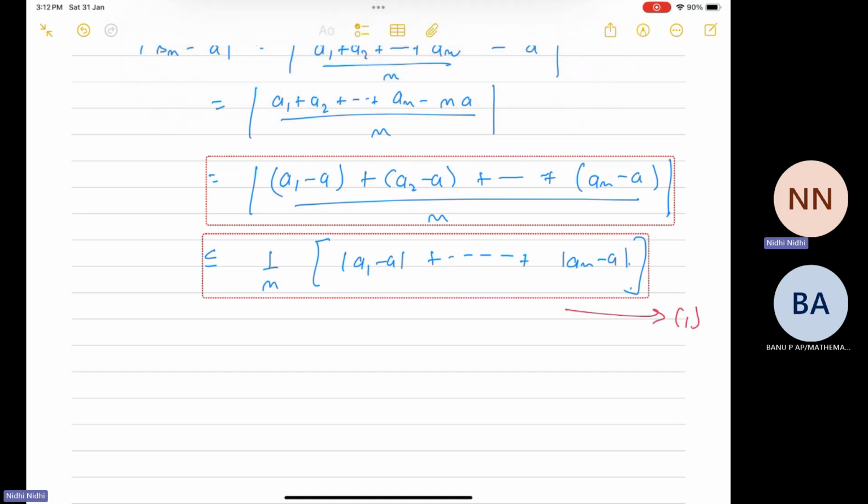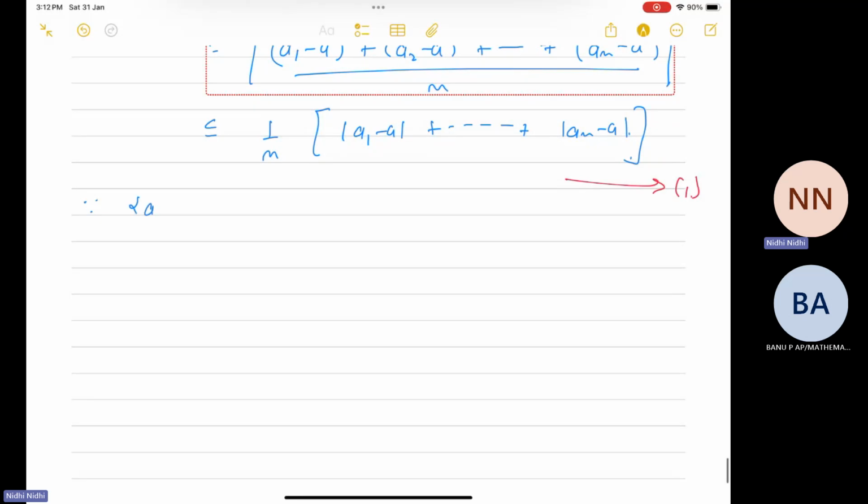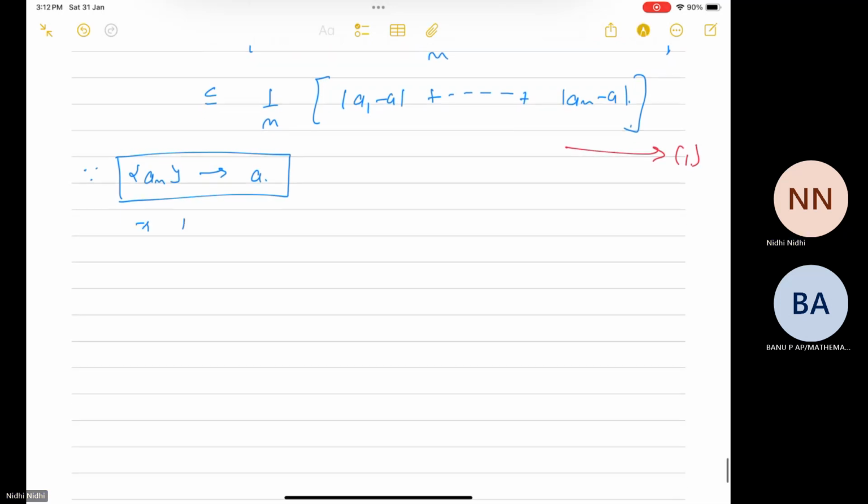Now we'll use the fact that the sequence an is converging to a. So since an converges to a, this is the notation for how we write a sequence converging to some point a. By definition, for any epsilon positive, we'll be able to get a stage n naught. There exists some n naught in N such that mod an minus a will be less than epsilon for all n greater than or equal to n naught.